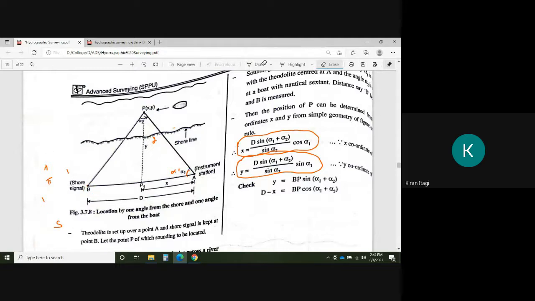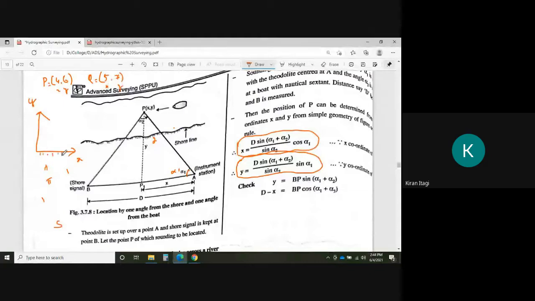For example, a simple example I will give. This is your chart, with x-axis and y-axis. They will say that the coordinates of P are 4, 6 and Q is 5, 7.